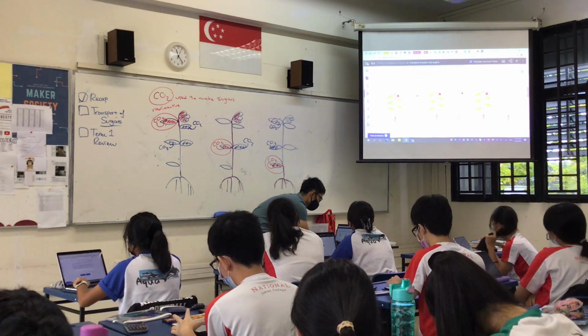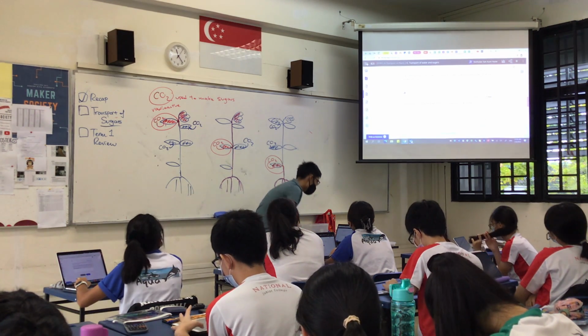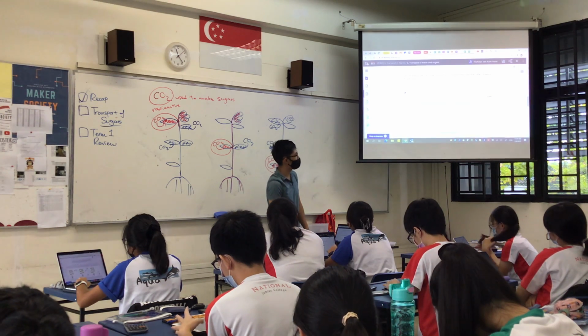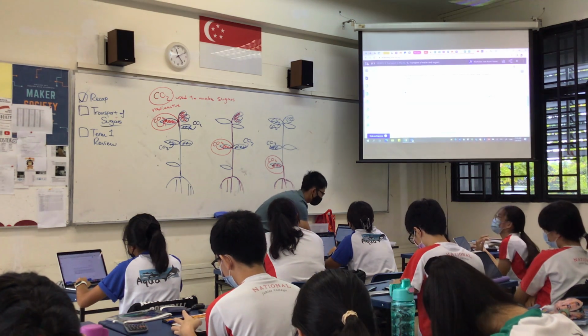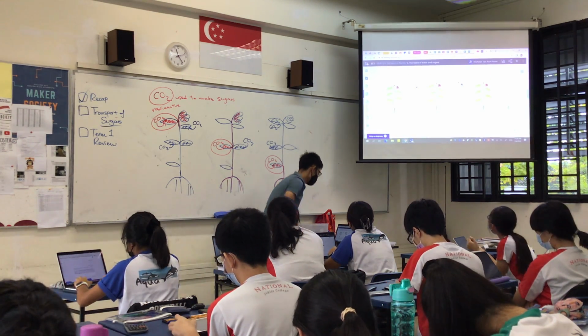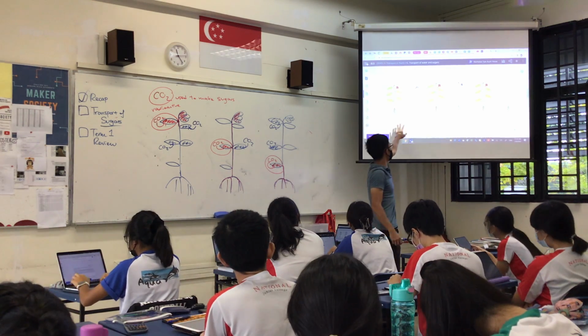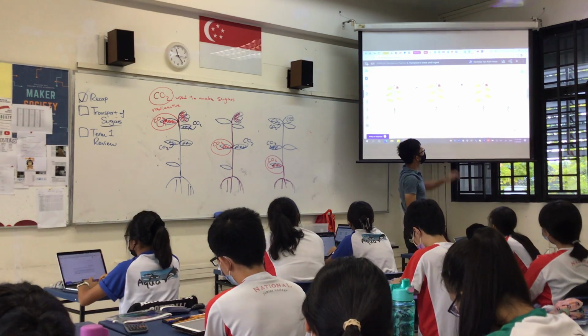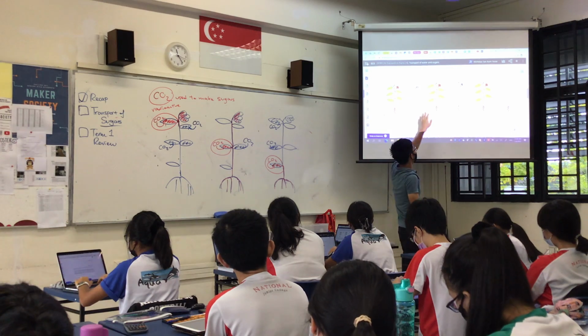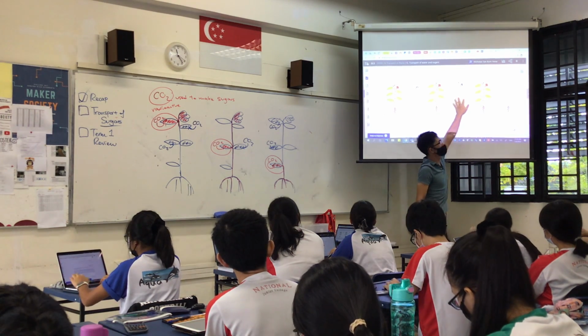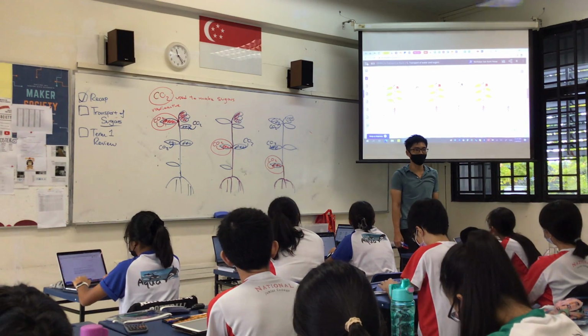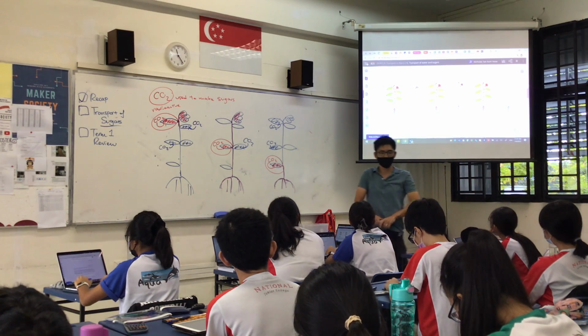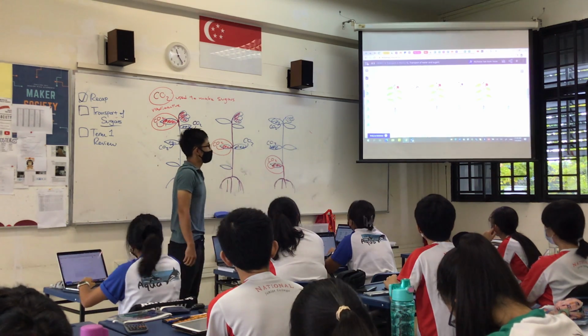So let's try out this question. Why do we see no radioactivity detected in other leaves in A2 and B2? Why don't we see the other leaves being radioactive with radioactive sugar? Because the leaves are not sinks.